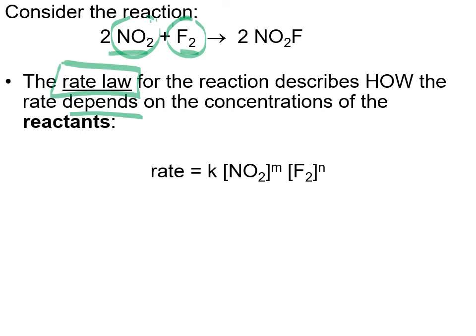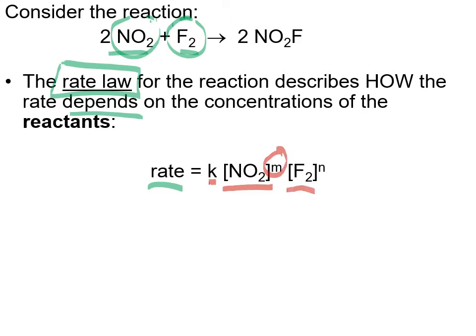So a rate law looks like this. We've got essentially the rate of the reaction, so how quickly the reaction occurs, and generally we're measuring that in moles per liter per second, so how the concentration changes per second, and we could do that by either measuring the decrease in the reactants or the increase in the products. So the rate is going to equal this constant multiplied by the concentration of the reactant raised to a particular exponent.